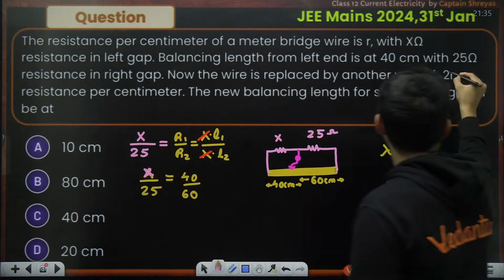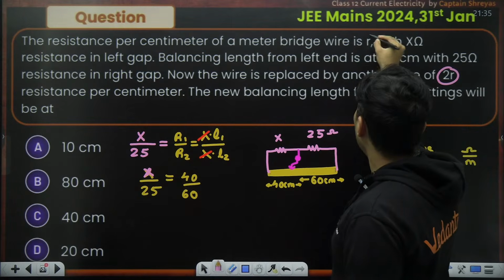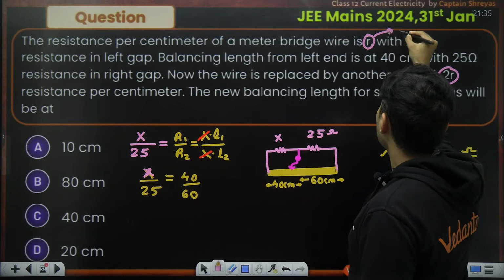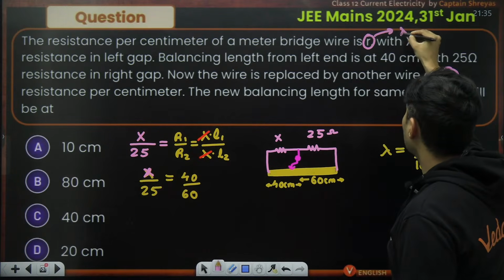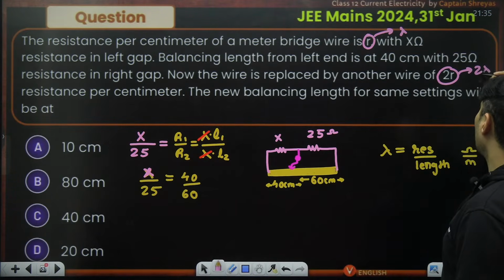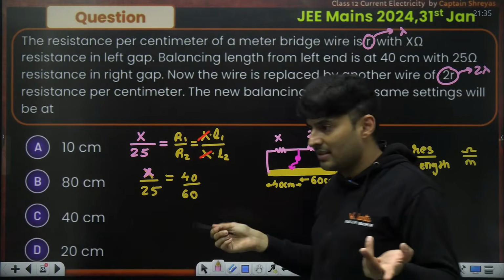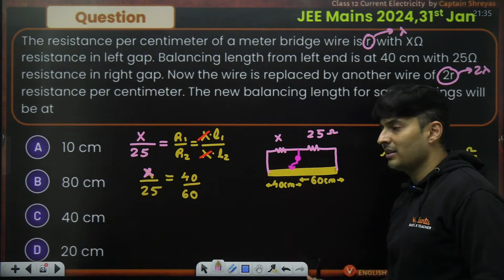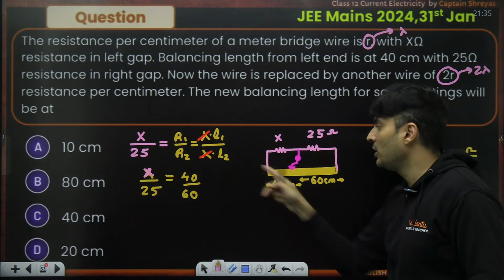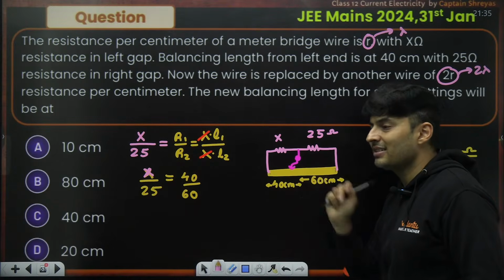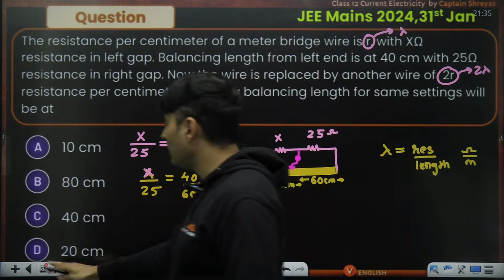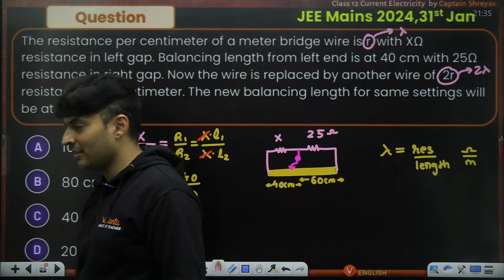So this 2r and r was basically your lambda. So whether you put lambda or 2 lambda, how does it matter? It will anyways get cancelled out. So the ratio will remain the same because the numerator and the denominator will be multiplied by the same factor. So the answer will be still 40 centimeters.